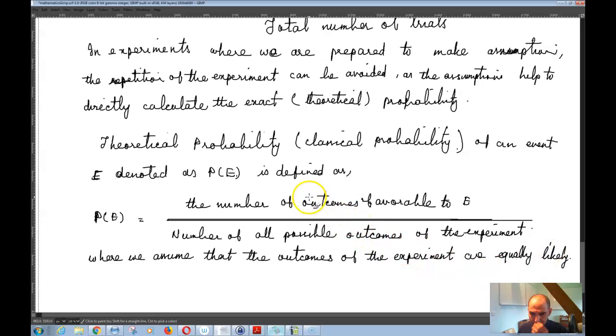So what that means is that you are basically considering some situation where, for example, you're drawing a ball from the bag. So where you're drawing a ball from the bag, the outcomes of the experiment are going to be equally likely.